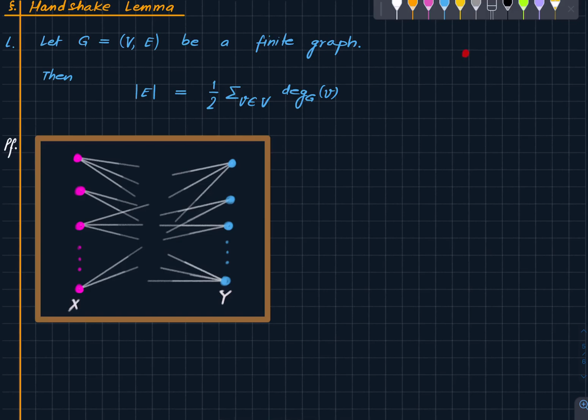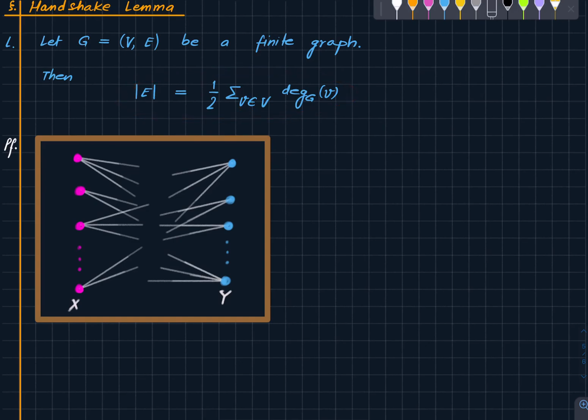Basically, if you have n people, you just think of each person as a vertex, and you join an edge between two people if they shook hands. And then the number of people that this guy shook hands with is the degree of this vertex, and the total number of hands shook is the total number of edges in this graph, and this formula immediately establishes what we wrote. So this is what we want to establish, and here is how we do it.